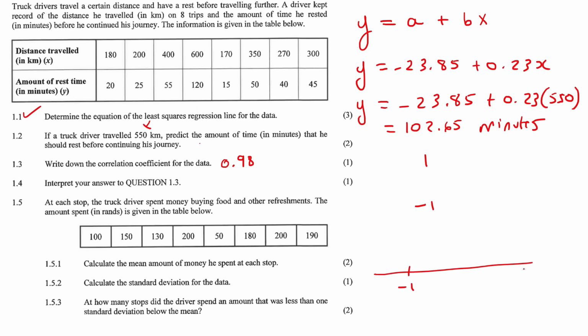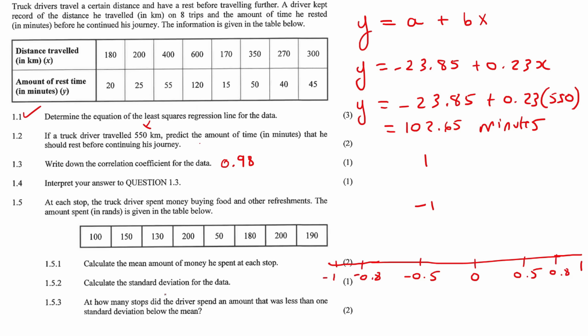Let's put 0 there, 0.5, and then 1, minus 1, minus 0.5, minus 0.8, 0.8.